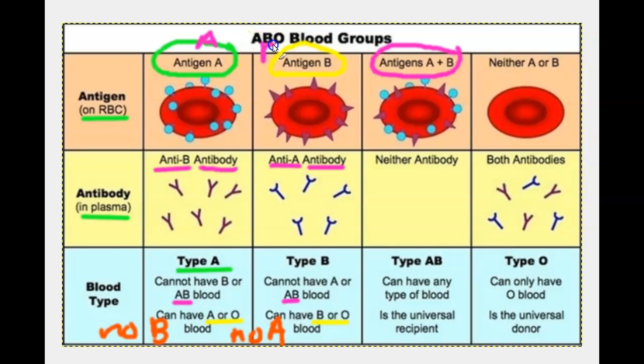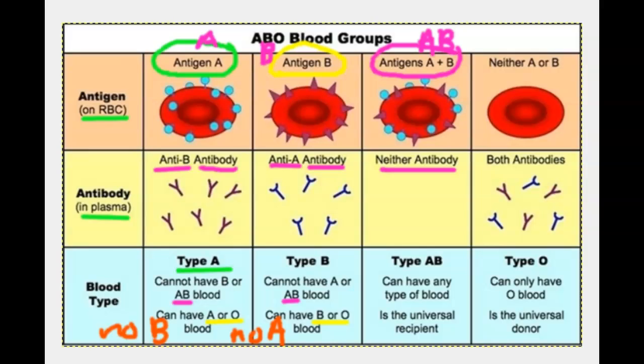This is B blood. And this is AB blood. Why is it called AB blood? Because they have antigens A and B. And look at this. No antibodies, which is a pretty good thing because they would kill themselves.